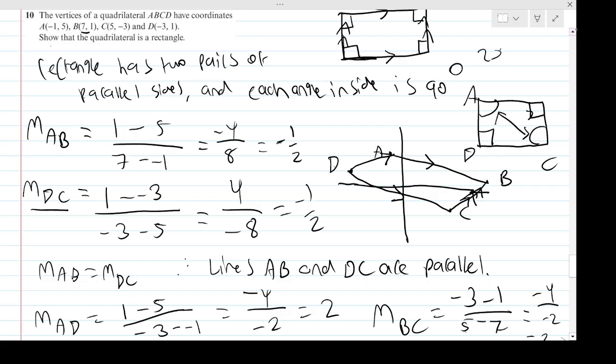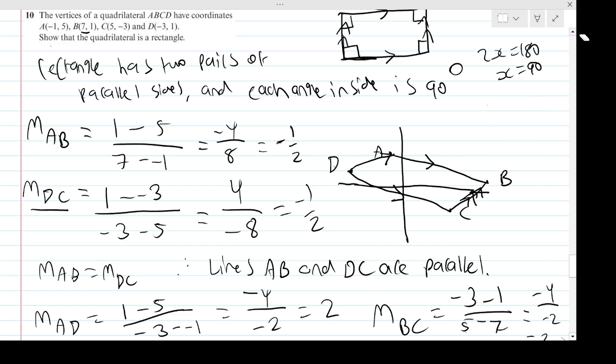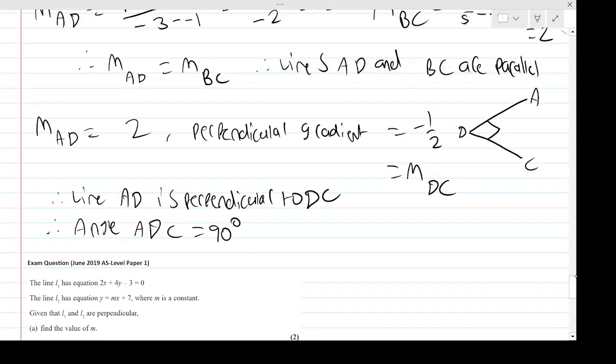Two angles x has to equal 180, so the angle is 90. The other two angles are therefore also 90. So because the lines are parallel, all angles are 90.